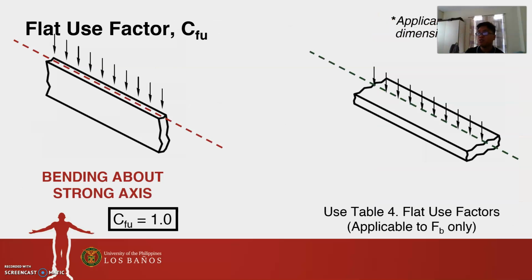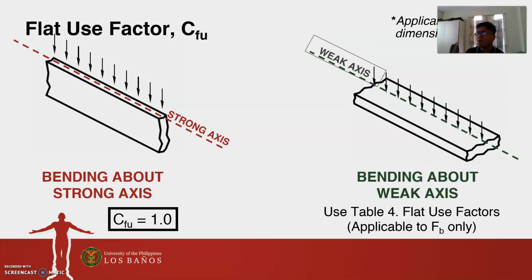Next is the flat use factor. I've kind of mentioned it a while ago in the use of the wide face. However, this one is applicable only to dimension lumber. So if the load is applied to the wide face, or it bends about the weak axis, then we can use the flat use factor.